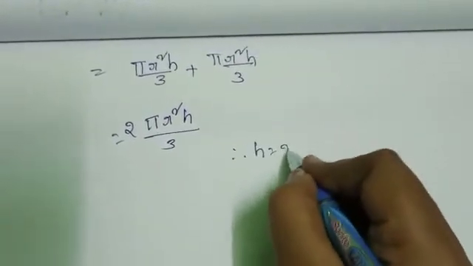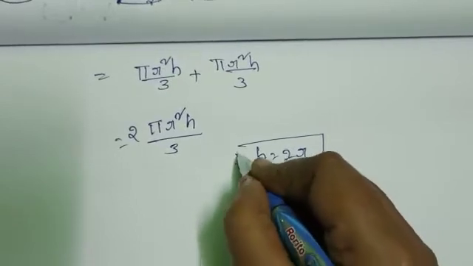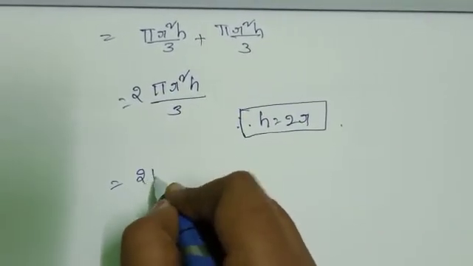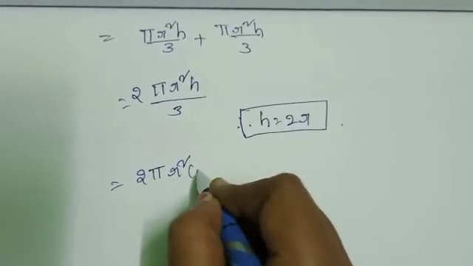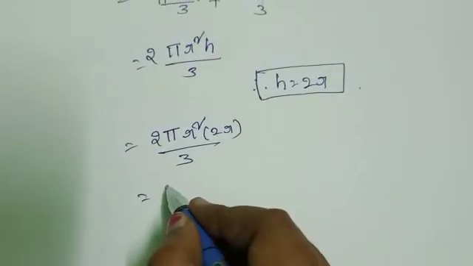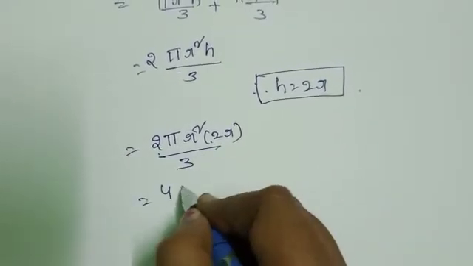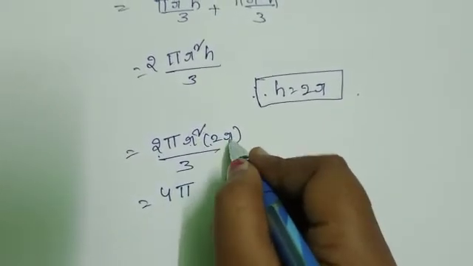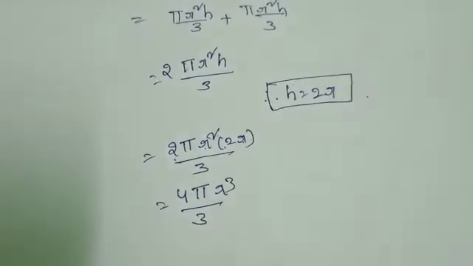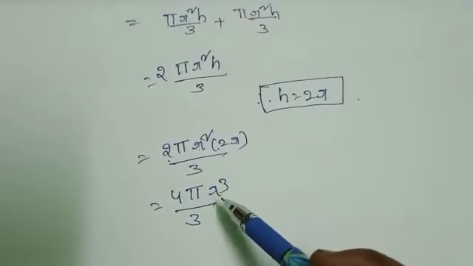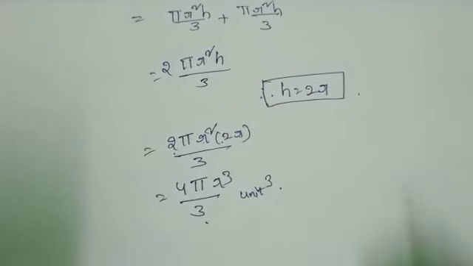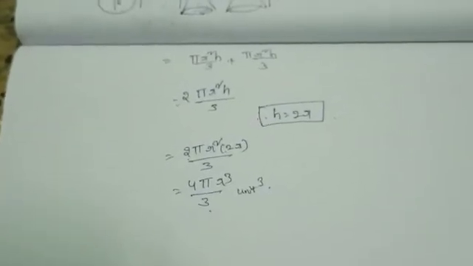Here h equal to 2r. 2 pi r square into 2r by 3, which is equal to 2 into 2, 4 pi r square into r, r cube by 3. Therefore volume of the sphere equal to 4 pi r cube by 3 unit cube. These are the formulas for sphere.